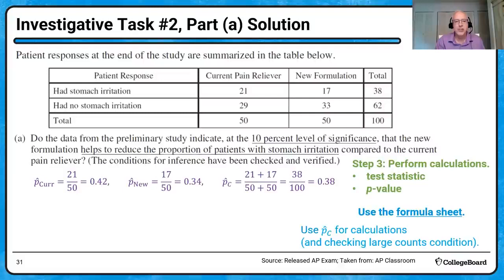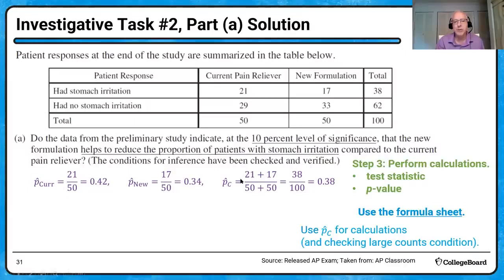All right, well, here's a quick summary of the different proportions going on. We've got the sample proportion who developed stomach irritation in the current pain reliever group, and the sample proportion that developed stomach irritation in the new formulation group. And you can see the one for the current group is higher. So there is some evidence that the new formulation is reducing stomach irritation.